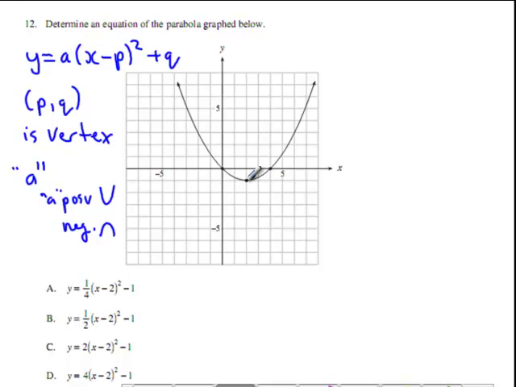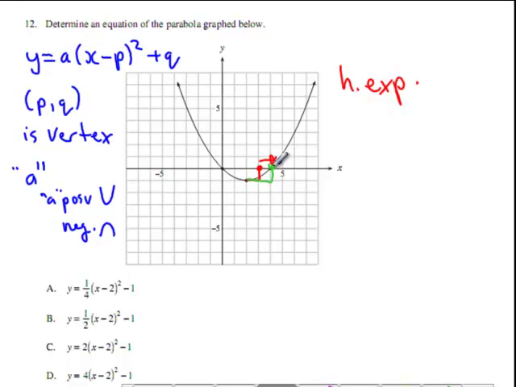Let's think. Over 1, up 1 would get us that point right there. Now, we've obviously had some sort of transformation where this point has been pushed that way. There's been a horizontal expansion. Instead of going over 1, up 1, we've gone over 2, up 1.